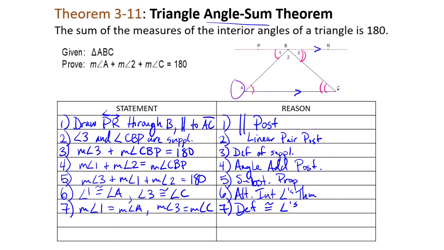So I can say the measure of angle C plus the measure of angle A plus the measure of angle 2 equals 180, right? So C plus A plus angle 2, those all add up to 180, and we just use substitution there.